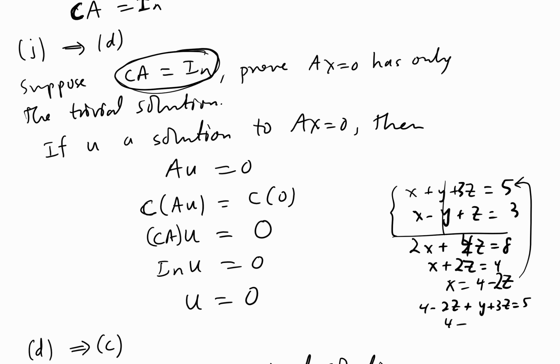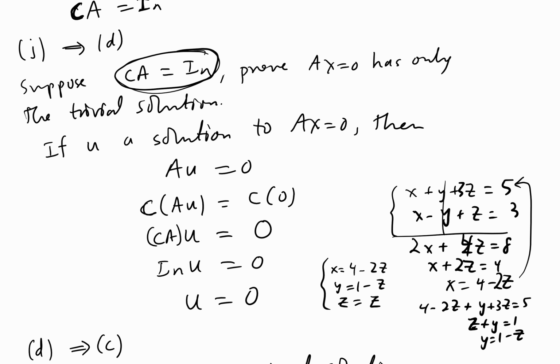So you get 4 plus z, or just z plus y equals 1. So y is 1 minus z. So in this case, when you solve this system, you're going to say x is 4 minus 2z, and y is 1 minus z. How about z? z equals z, right?